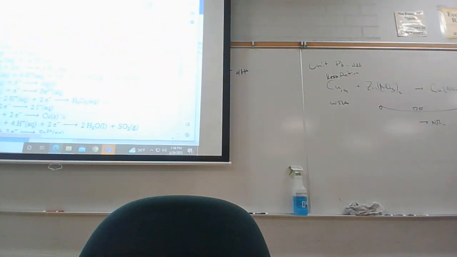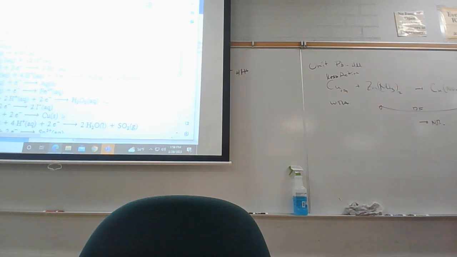I'm going to use single replacement because it's faster than the chart method. With the chart method, we don't have to analyze it like this. The chart method should work regardless of our analysis or not. And so what will we form here? Copper plus silver nitrate is going to yield copper 2 nitrate and silver metal.